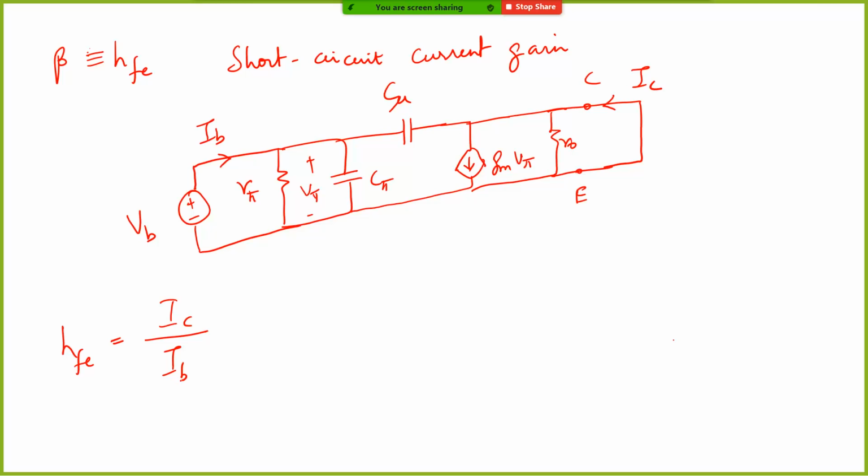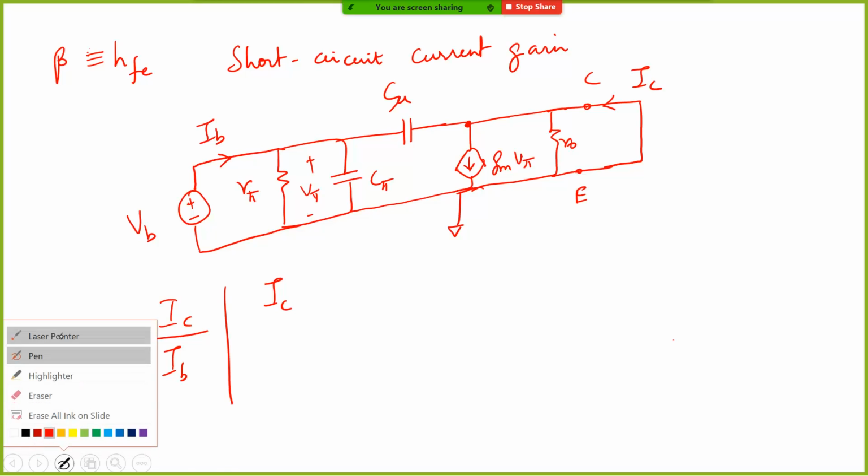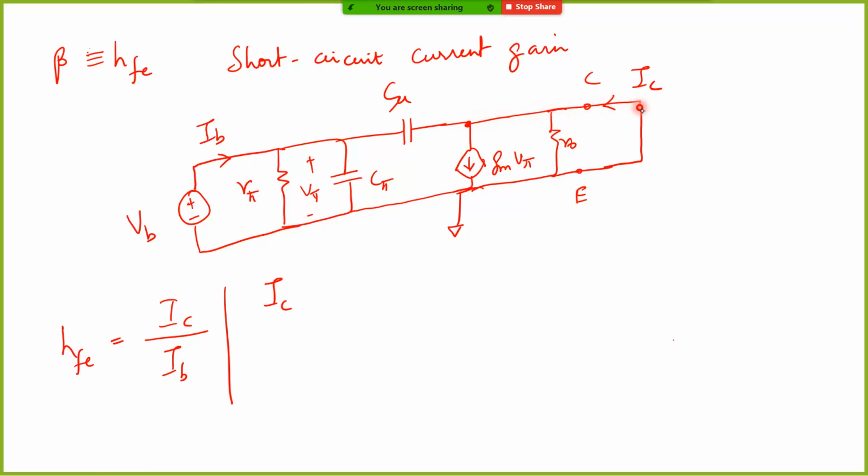Now, in the presence of these capacitors, let's derive IC and IB. Let's say this node is grounded anyway. Doing KCL at this node, let's say IC is flowing inward, and this terminal is grounded, so the potential here is 0.